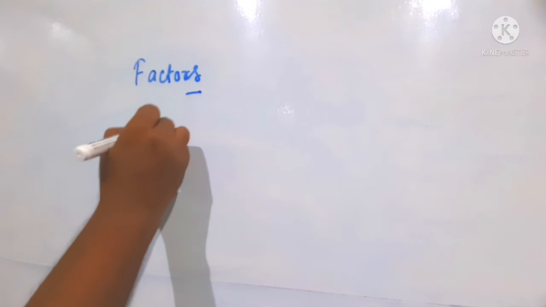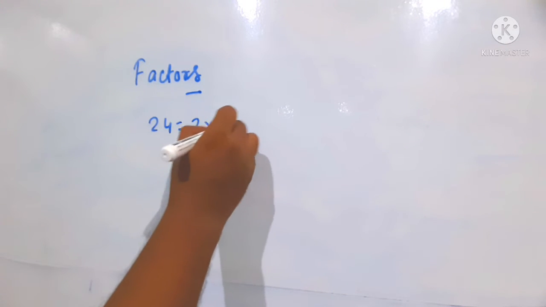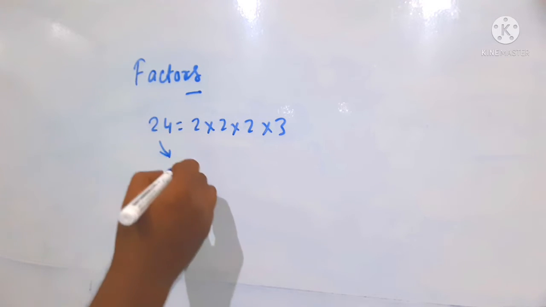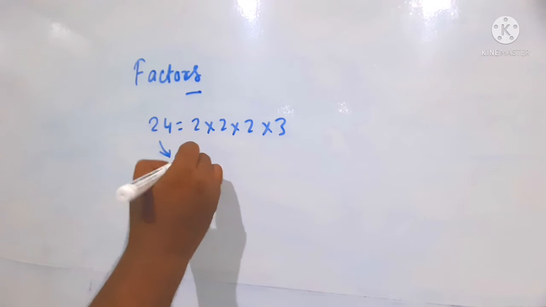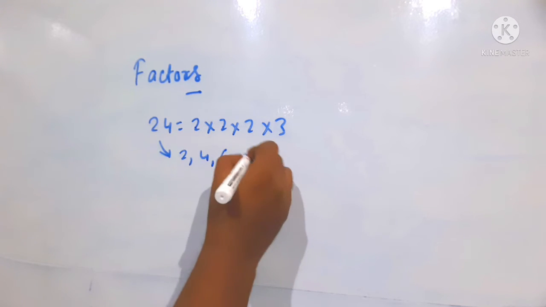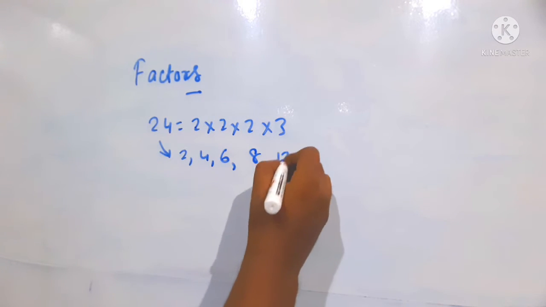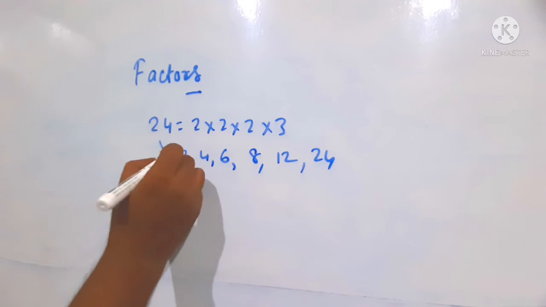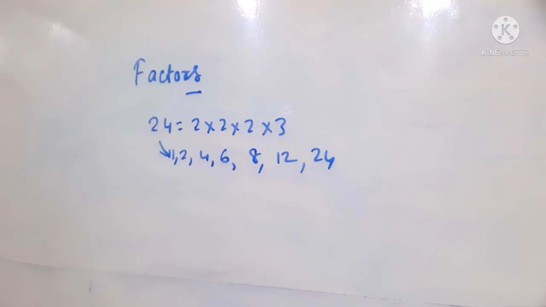We know 24 is 2 into 2 into 2 into 3, and we can easily say the factors of 24: 2, 2 into 2 is 4, 2 into 3 is 6, 2 into 2 into 2 is 8, and 12, which is 2 into 2 into 3, and 24 itself. And you know 1 is the common factor of every number.